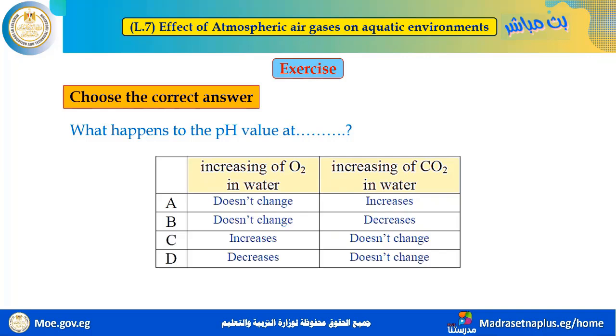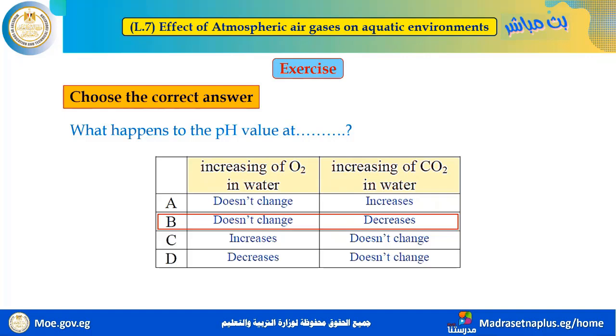The first case, increase of oxygen in water, and the second case, increase of carbon dioxide in water. Sure, increasing oxygen will not affect the pH value at all. But in the case of carbon dioxide, by increasing its ratio, the pH will decrease. So the right answer is B: no change in the case of oxygen, but in the case of carbon dioxide, it will decrease.